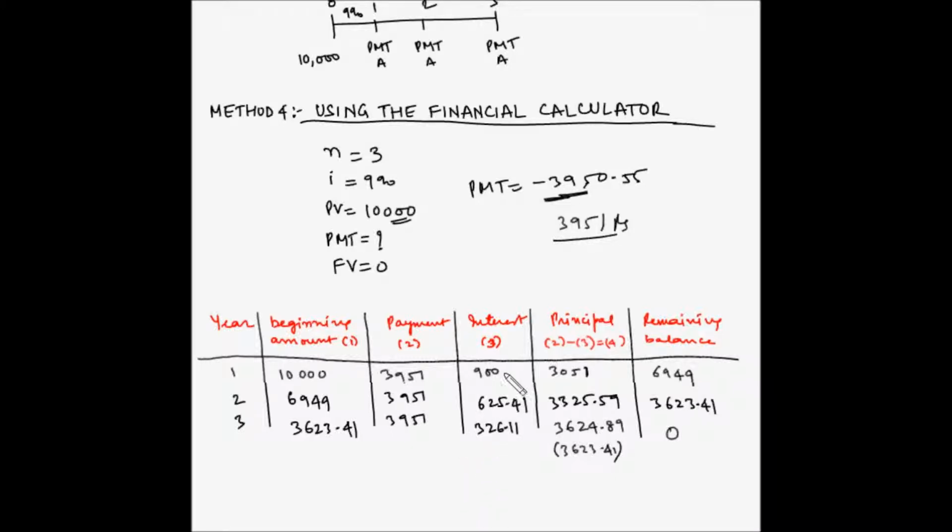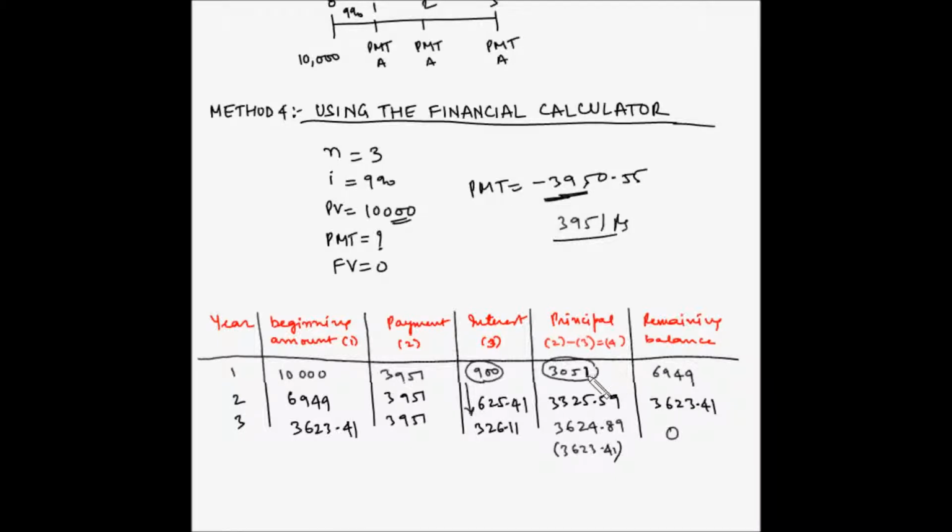Now as you can notice, the interest amount is the highest for the first installment and the principal amount being paid is the lowest for the first installment, and then the interest reduces while the principal amount increases.